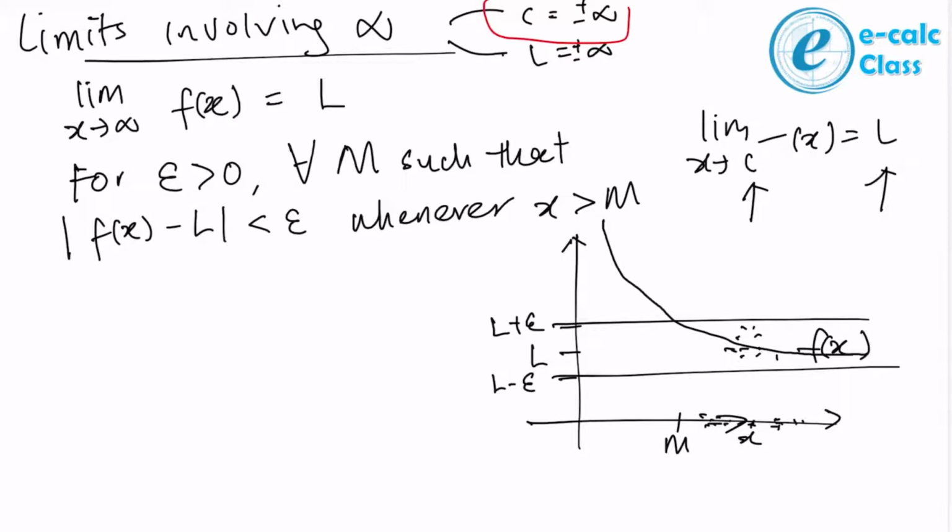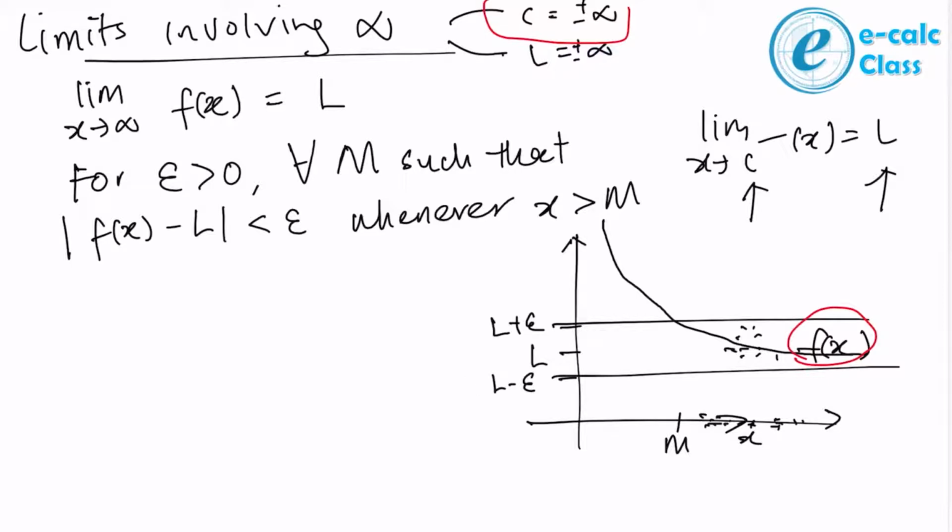When x becomes bigger and bigger, which means x approaches infinity, your f(x) will be bounded between L plus epsilon and L minus epsilon, which means the difference between your f(x) and L, whether it is more than or less than doesn't matter because we put a modulus, is always smaller than epsilon. So this is the concept of limits to infinity.